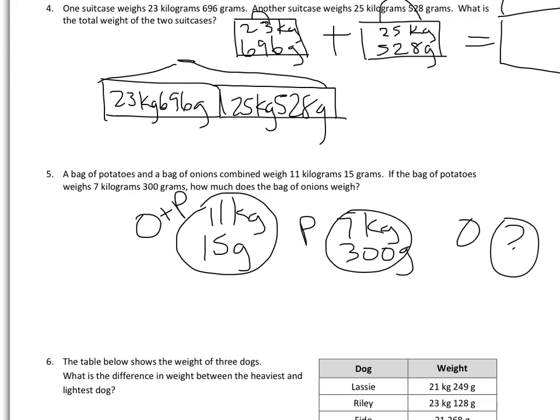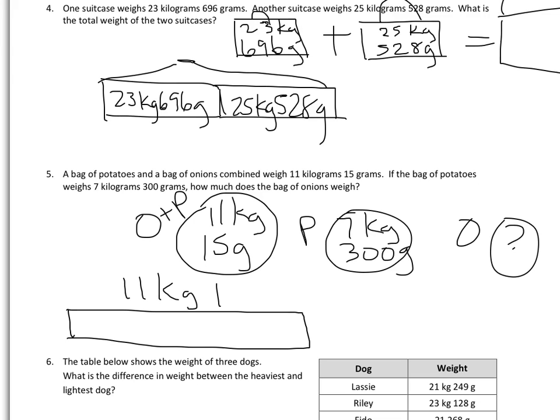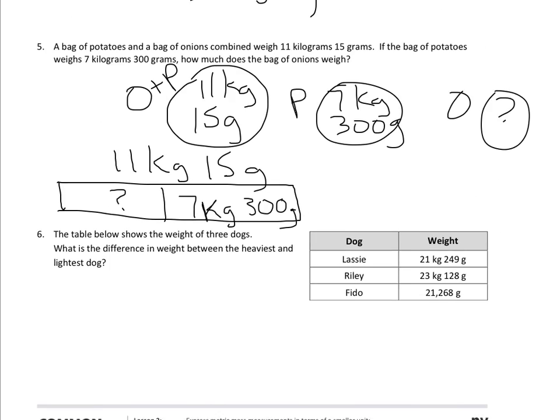So this is a good picture to show it. The way you'd show it is a tape diagram. We know the total weight of both, 11 kilograms and 15 grams, and we know the weight of the potatoes. We know that the potatoes are 7 kilograms, 300 grams, and we're missing what the onion should be. So those are the tape diagrams for that one.